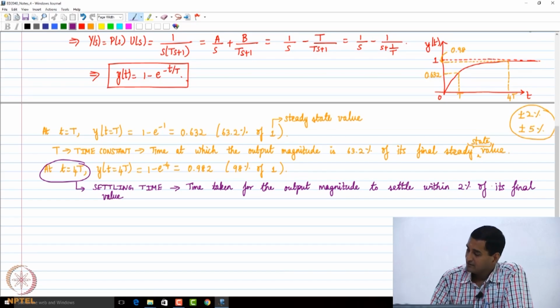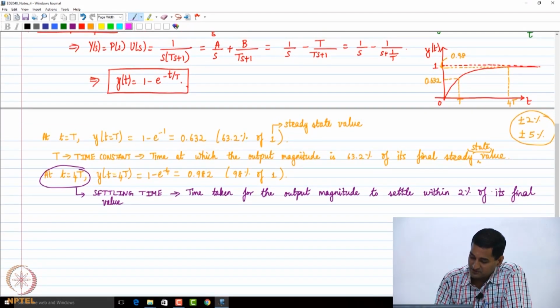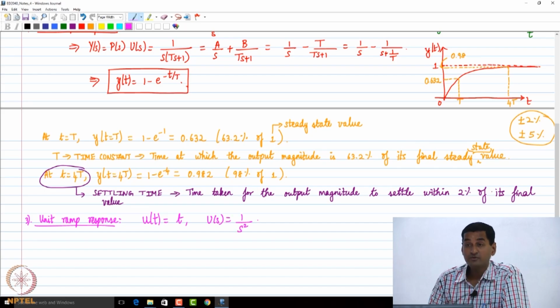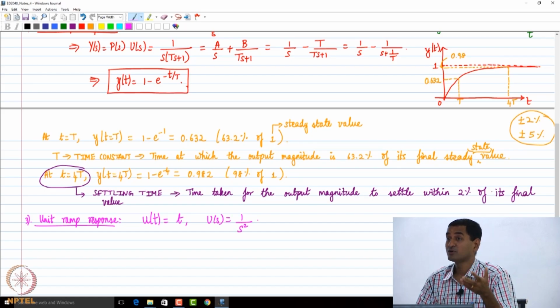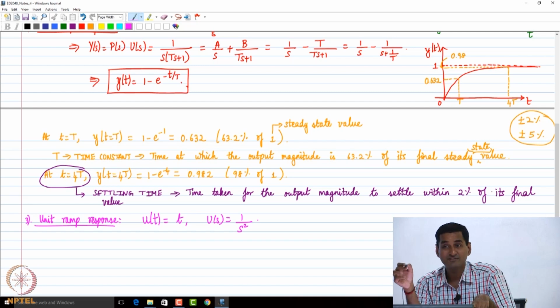Now let's look at the unit ramp response. Unit ramp response means U of t is t, U of s is 1 by s squared. By the way, all of you should know this terminology by now. In your quizzes and exams, I am not always going to draw block diagrams and write mathematical functions.